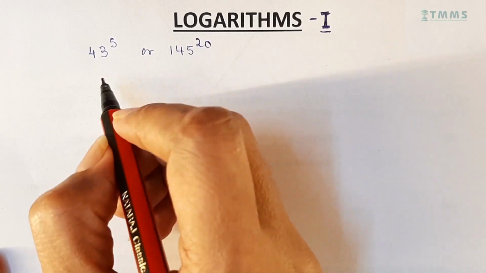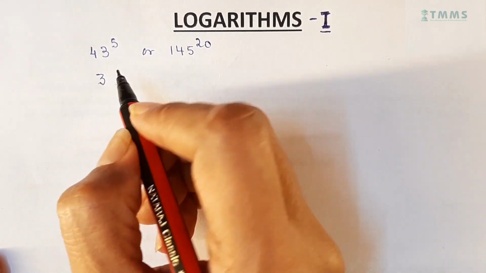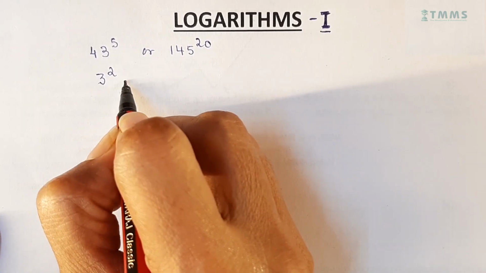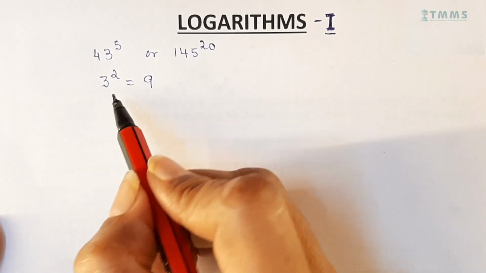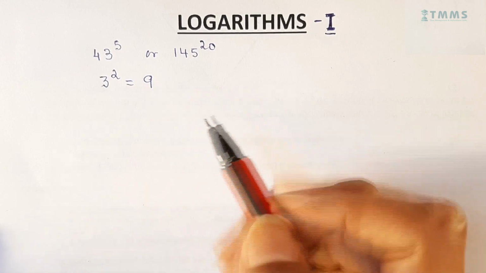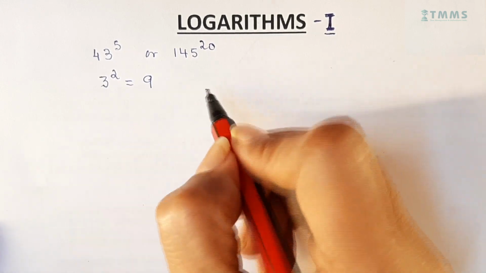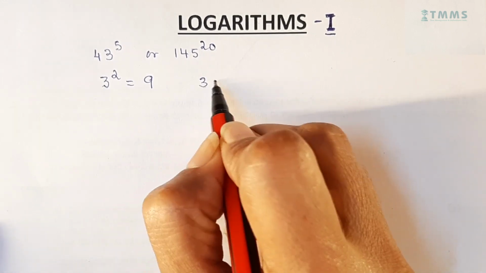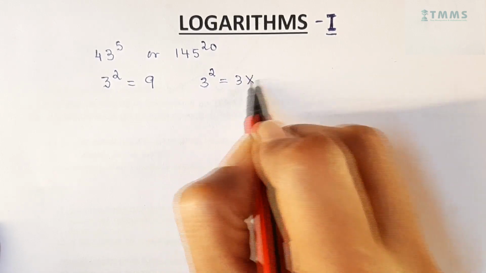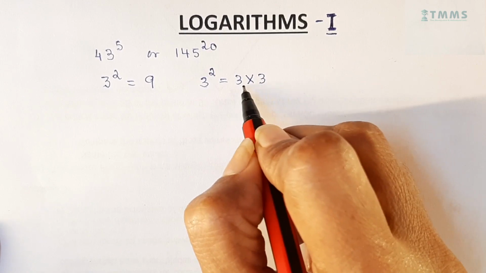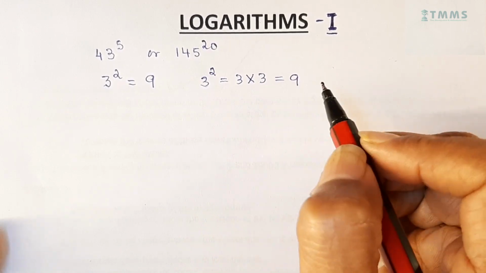Let us see, we have a number like this. 3 to the power 2 is equal to 9. We also say 3 raised to 2 is equal to 9. What does this mean? It means that 3 raised to 2 means 3 is multiplied twice. And 3 into 3 is 9.